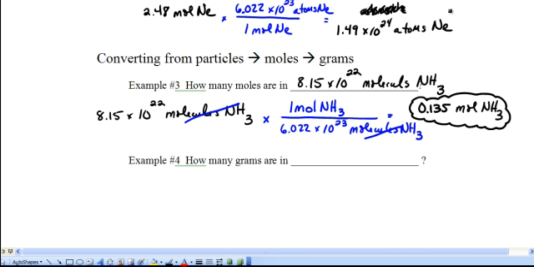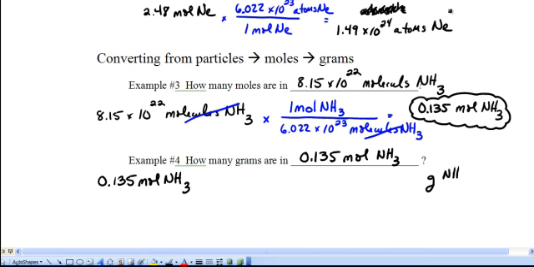So far, so good. Now, in the second step, we're going to take that many moles and turn it into grams. How many grams are in 0.135 moles of NH3? So again, we'll go ahead and write that off to the side, 0.135 moles of NH3, and we're trying to get into grams of NH3.